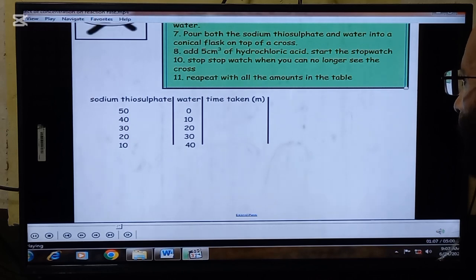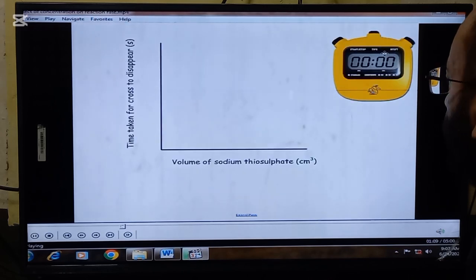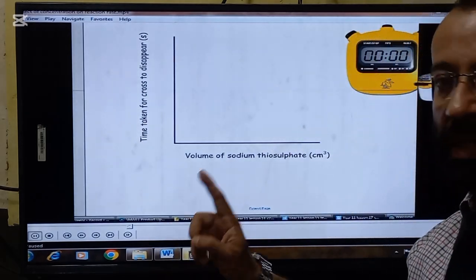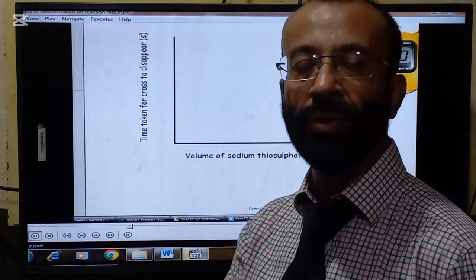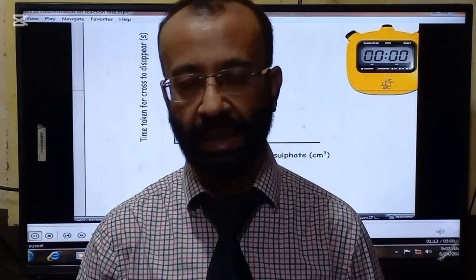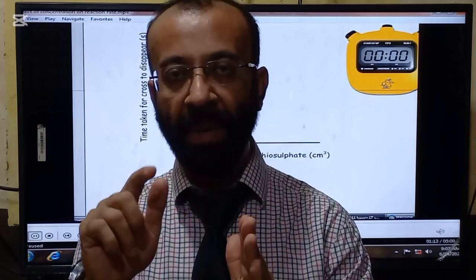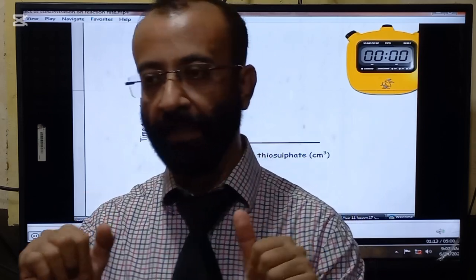If I then plotted the results, the values of the table which you have obtained by repeating the experiment 5 times or 6 times or 4 times will be marked on a sheet of graph paper.